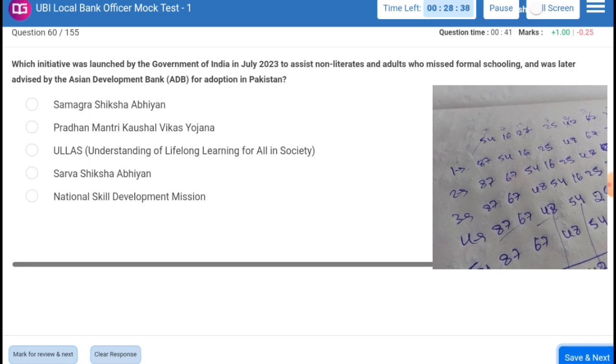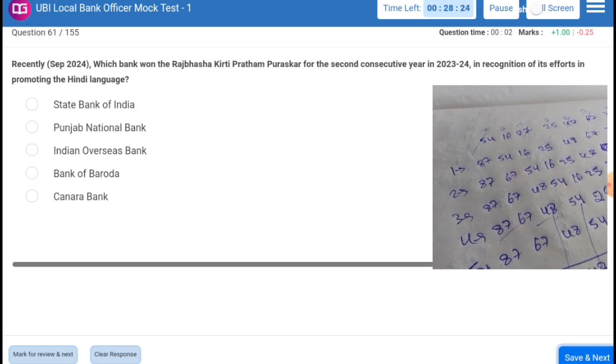I think Kaushal Vikas or National Skill Development. I think Ullas. Recently, Rajbhasha Kirti Puraskar.